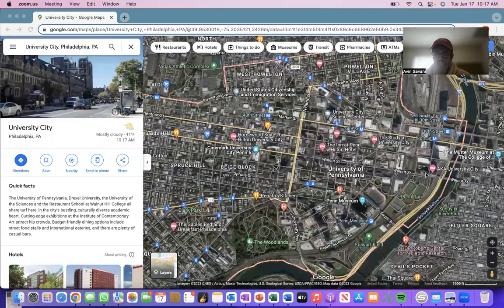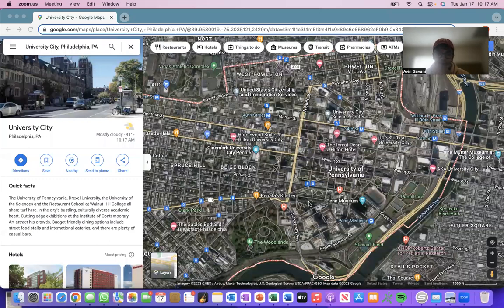So let me just look at the map here real quick. Okay, yeah. So I was wrong about it.